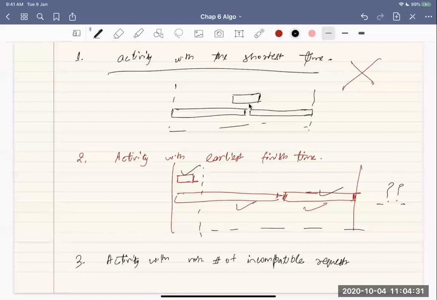Let's see the counterexample we gave for 1. Was that working out here? This had actually 2 incompatibilities, so you would not choose them. You will either choose this or this. So in this case, this will lead to the correct solution. Let's see this one. This has 1 incompatibility, this has 1 incompatibility, and this has 0, so you will choose this, right? Then among these, you will choose any. So again, in both the examples, this works. Is that the correct one?